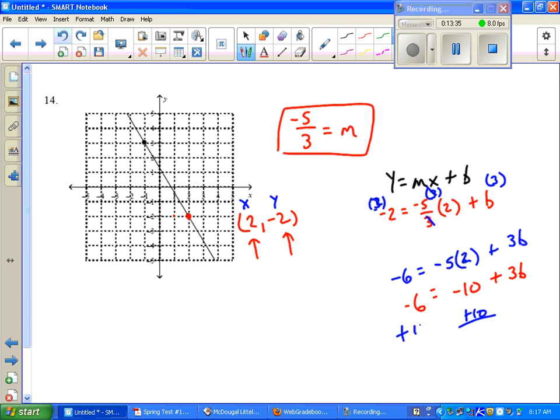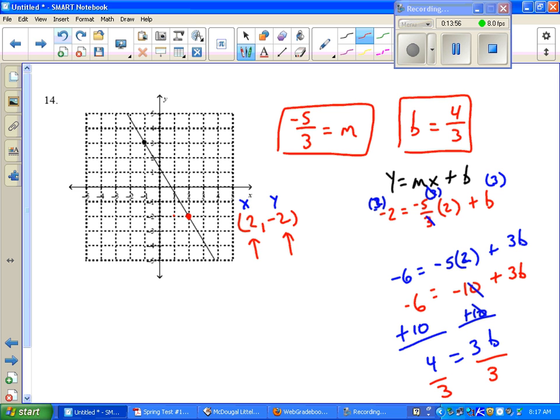Add it to the left side to balance it out, and you have +4 equals 3b. And then to get rid of 3 times b, divide by 3 on both sides. And now you have a b value to go with your m value. Your b value is 4/3.